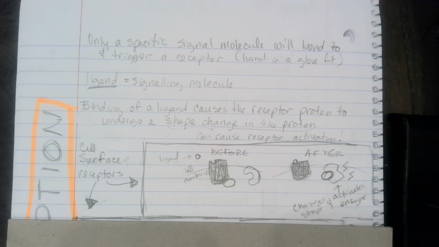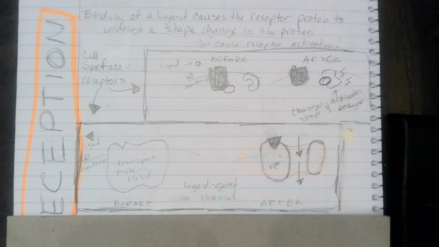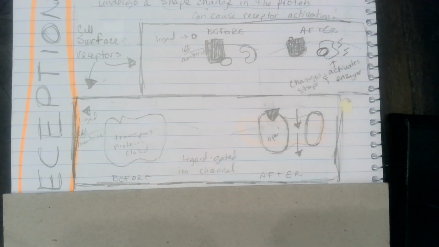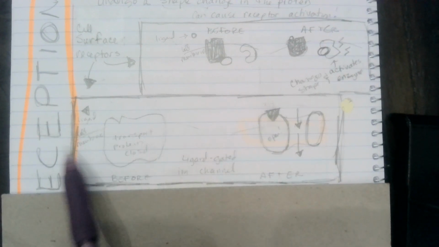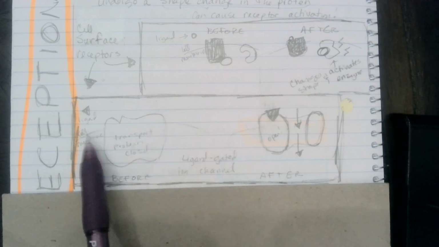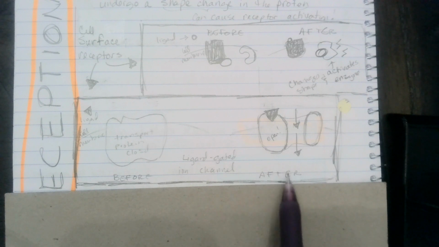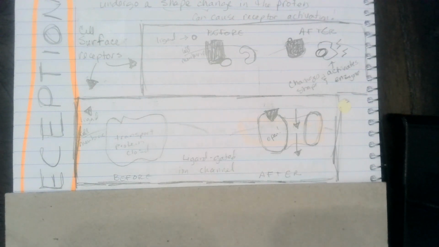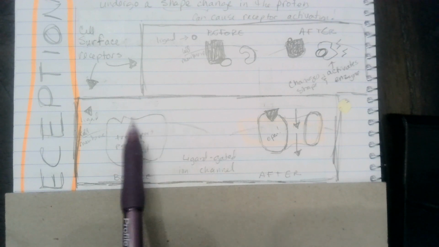Another example of a cell surface receptor. Here's my cell membrane, this little line right here. This is before, this is after. This is an embedded protein, a transport protein.